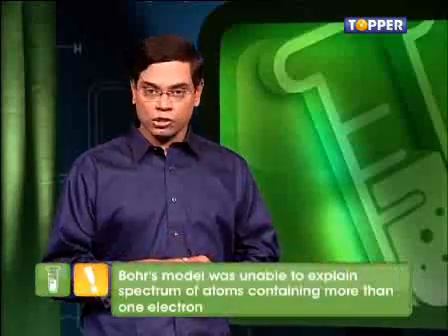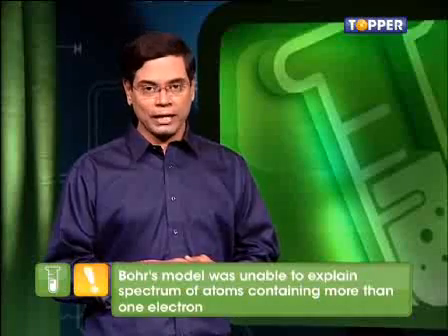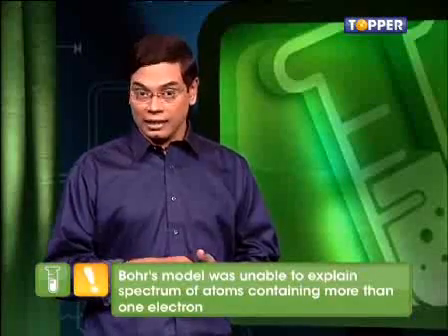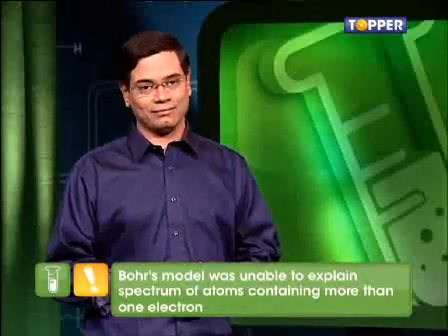While the Bohr's model offers an explanation for the line spectrum of the hydrogen atom, it has also got its own limitations. Like, Bohr's model failed to account for the finer details of the hydrogen atom. For instance, splitting of a line in the spectrum into two closely spaced lines. This could be observed by using spectroscopic techniques. Besides that, Bohr's model was also unable to explain the spectrum of atoms containing more than one electron.